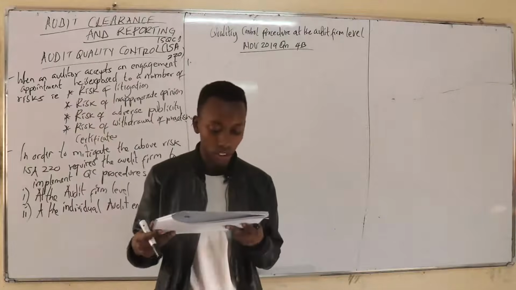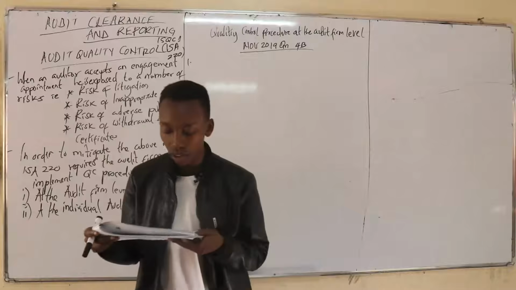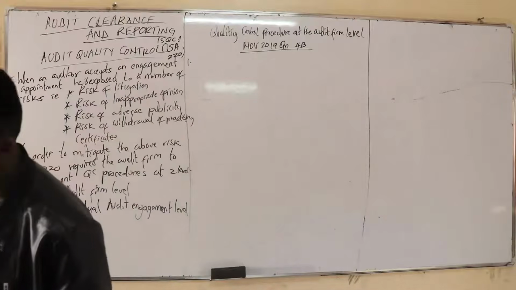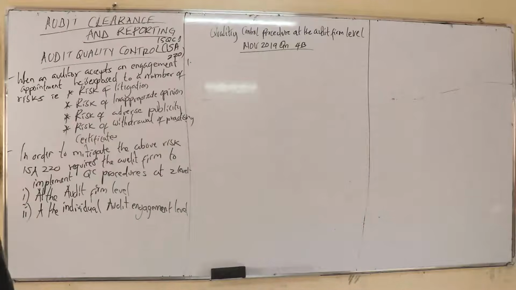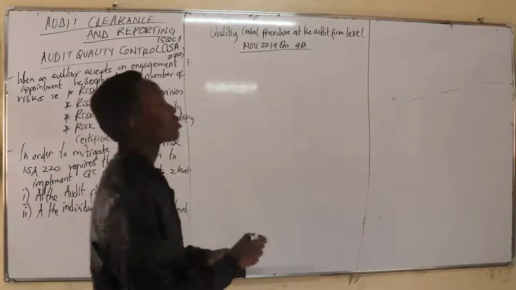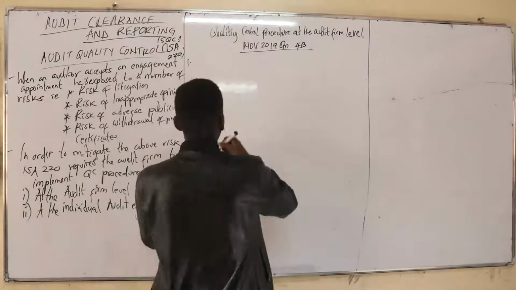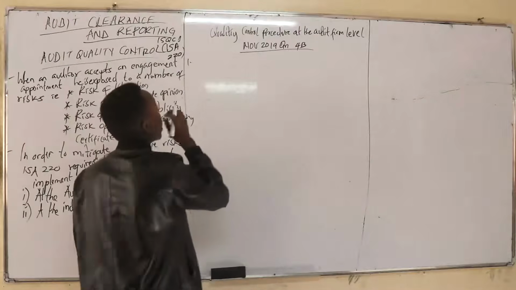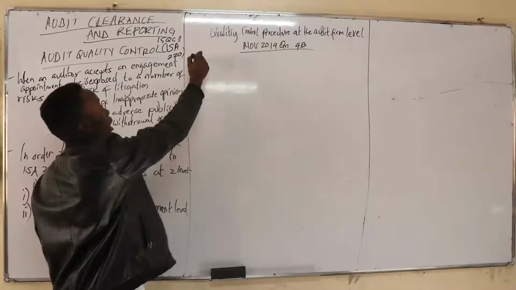Explain how an audit firm will address each of the 5 matters required to meet this ISA 220 and ISQC. So these are those aspects that the audit firm can undertake to ensure that they give an appropriate opinion.